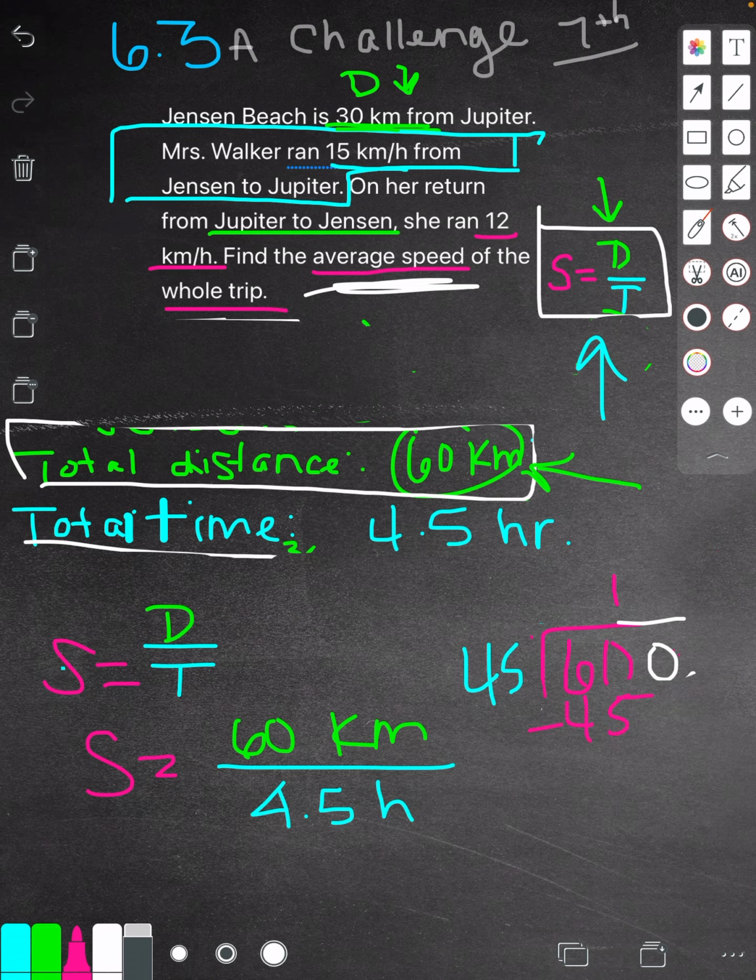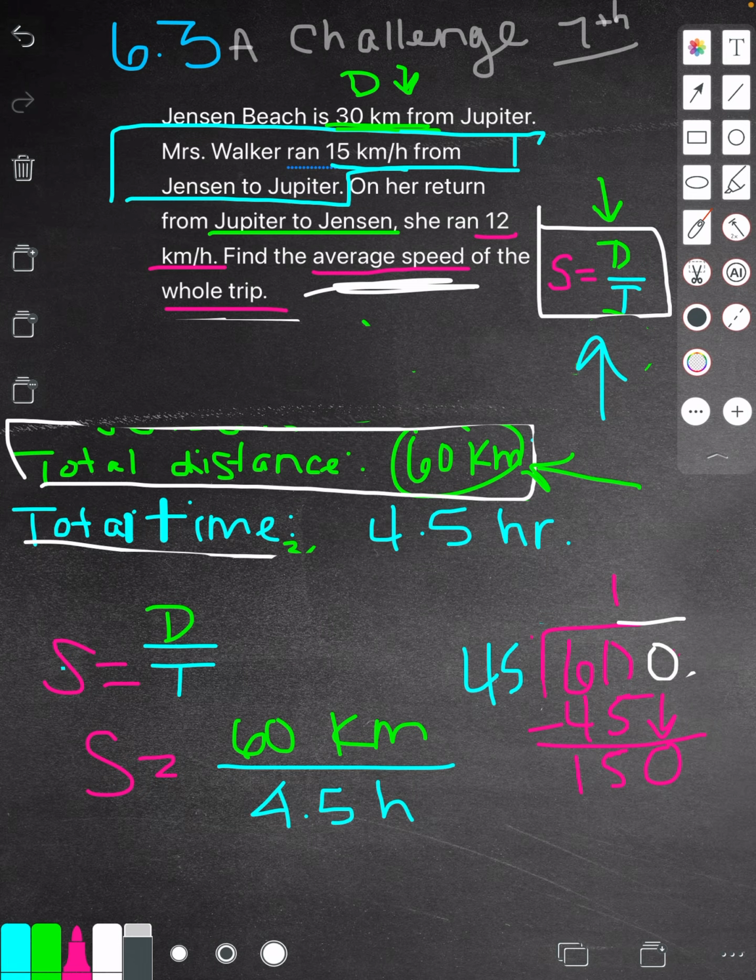We subtract 45, you end up with 15. We bring down our 0, which is 150 now that we are looking at. And if we are doing 45 into 150, I know that that's going to be 3. If I'm thinking of 45 kind of like 50, and I were counting by 50s, I know that 50 would go into 150 3 times, so 45 is probably going to be the same.